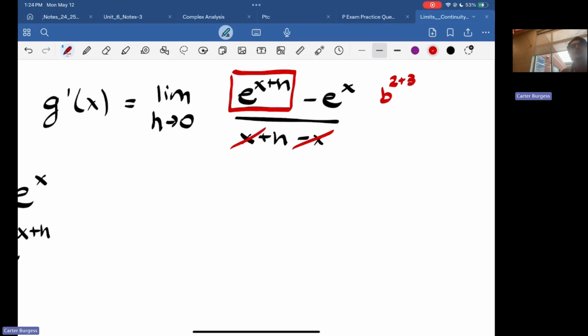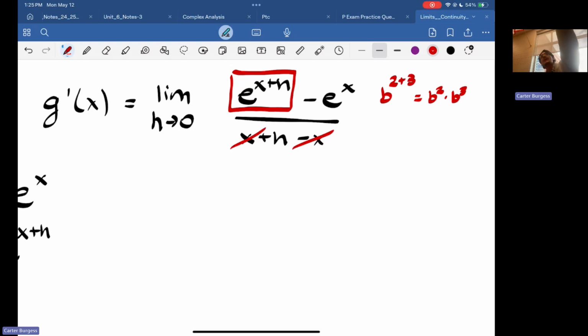How do we get addition in our exponents? What's maybe another way that I could write b to the 2 plus 3? B to the third? Absolutely. So we can split apart the addition in the exponent here.